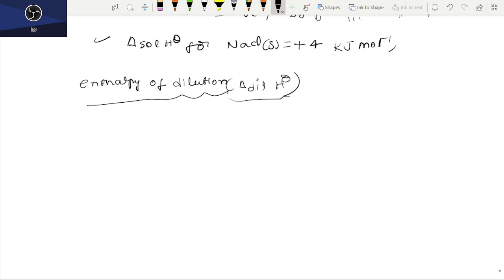Now delta dilution H naught is equal to delta solution H naught with 25 water molecules minus delta solution H power naught with 10 water molecules, that is equal to minus 72 minus 69, right?